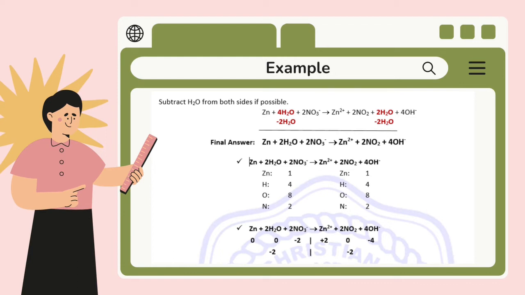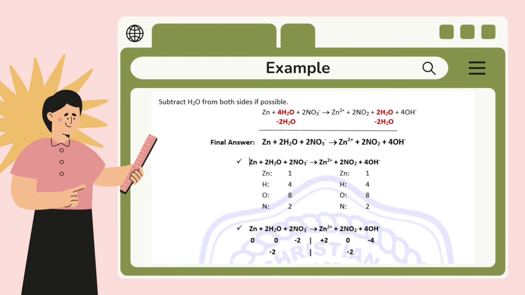So we have here the number of zinc on the left side is 1, as well as the right side. For the hydrogen atoms, we have here 4 atoms on the right side as well as the left side. For the number of oxygen atoms, we both have 8 atoms on the left and right side as well.